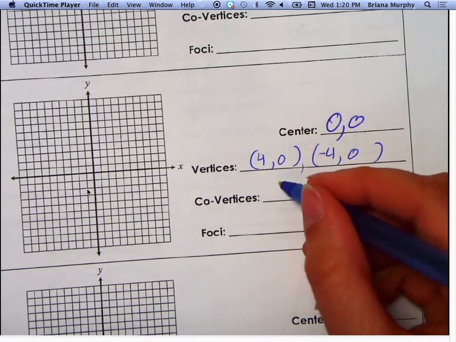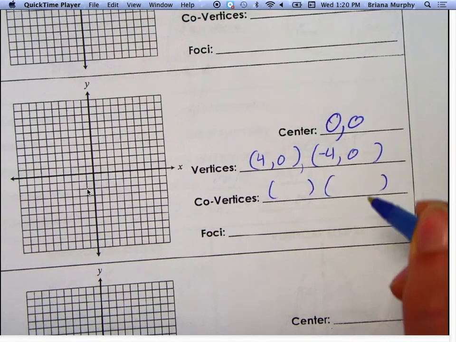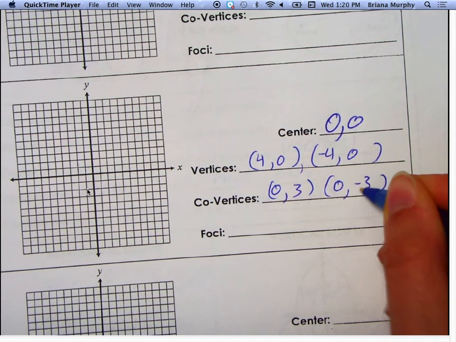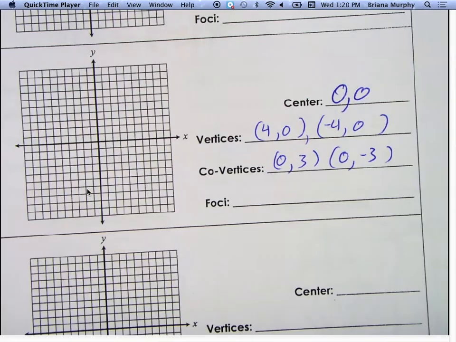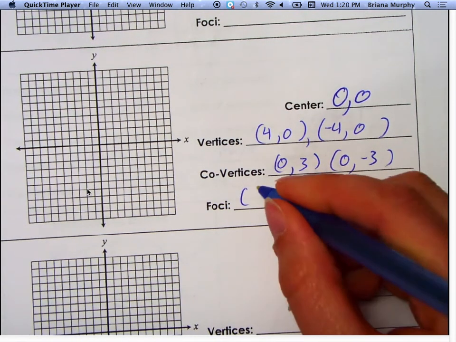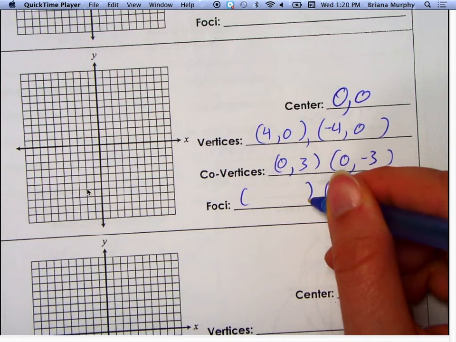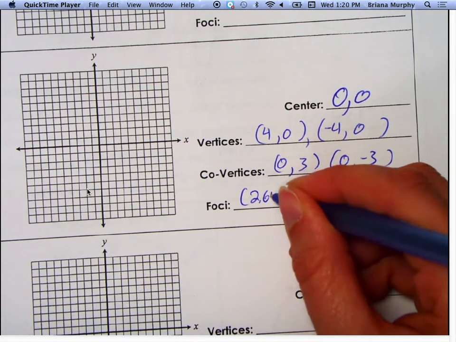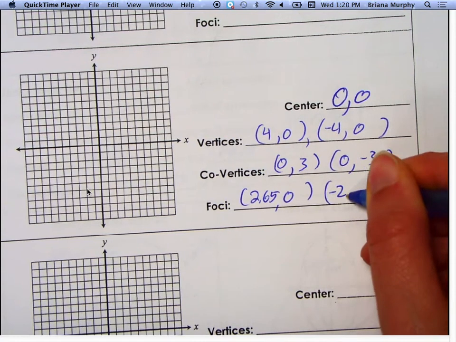What are my co-vertices going to be? Good. And remember, the focus points go along the major axes. And so how am I going to list them? Am I going to list 0 first or 2.65 first? 2.65, 0 and negative 2.65, 0.